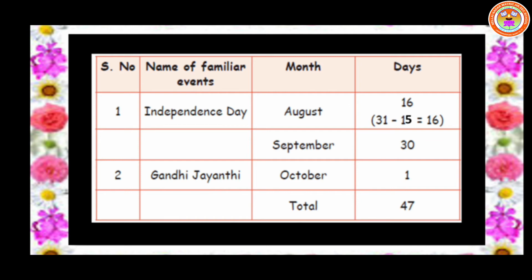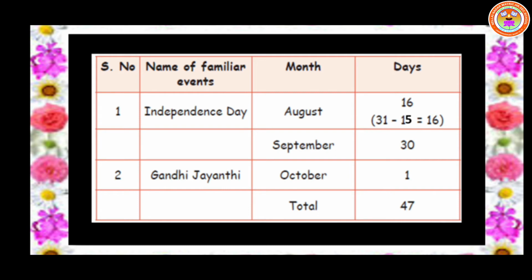And we know September month has 30 days. And Gandhi Jayanti is celebrated in October month, that is 2nd October. But we have to take only one day in the October month because they are asking from Independence Day to Gandhi Jayanti, so we should not include October 2nd. Before October 2nd, we have to take October 1.